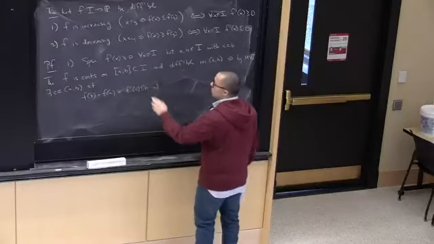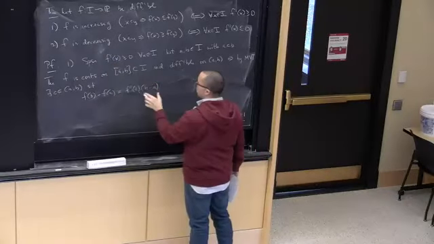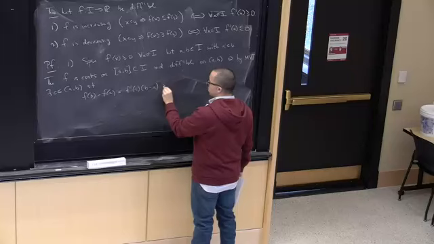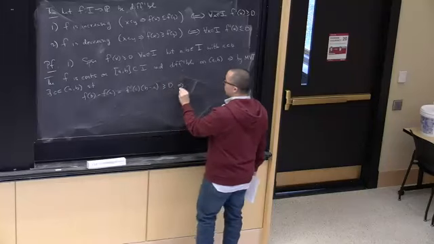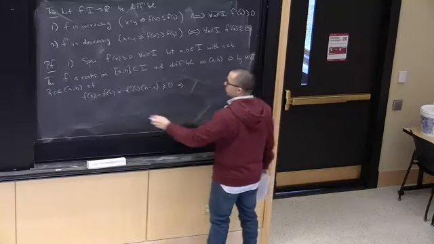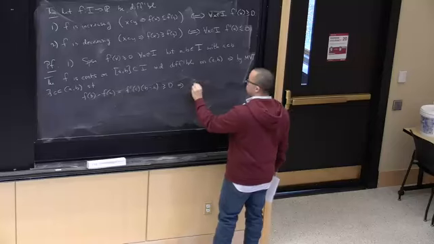And now since the derivative is always non-negative and b minus a is positive, this is bigger than or equal to 0, i.e. f of b minus f of a is bigger than or equal to 0.